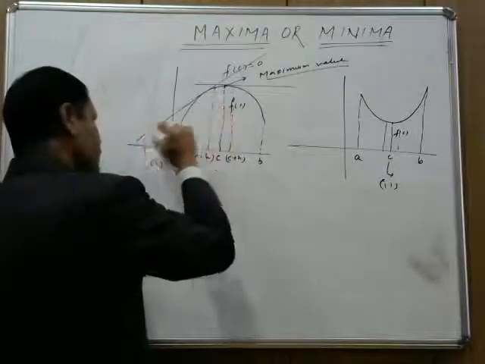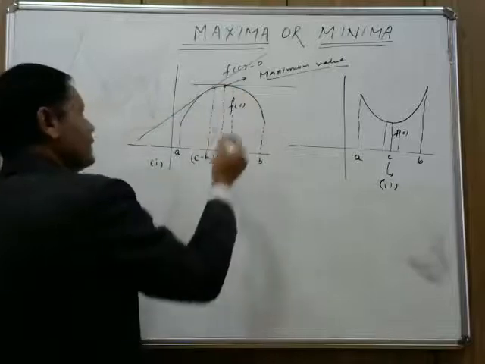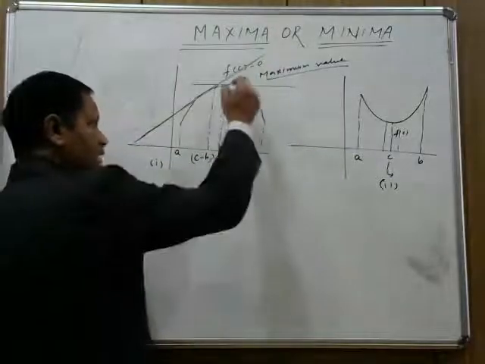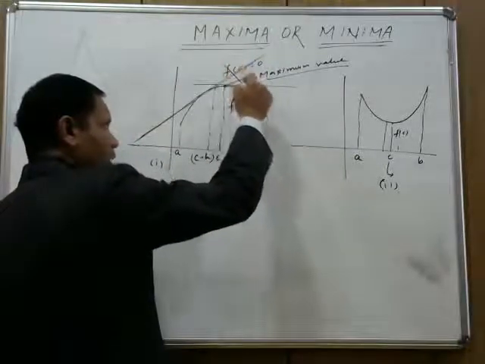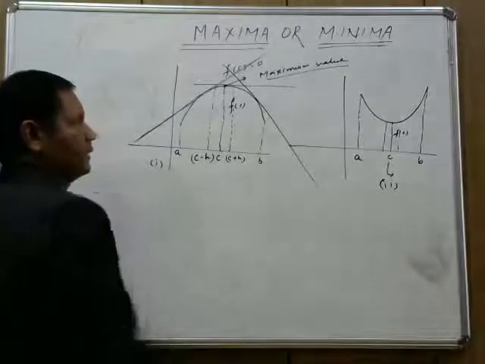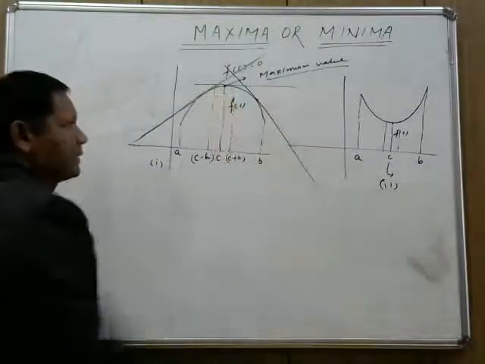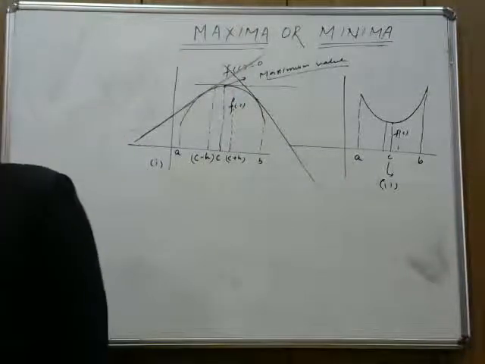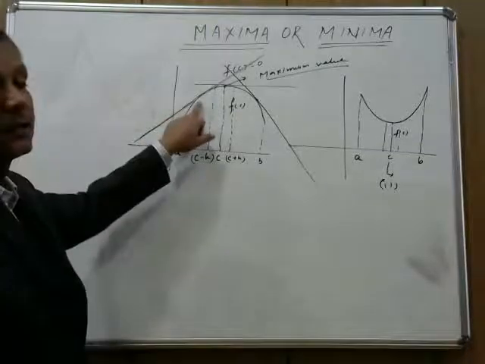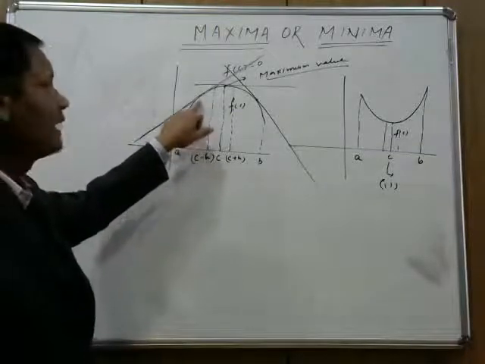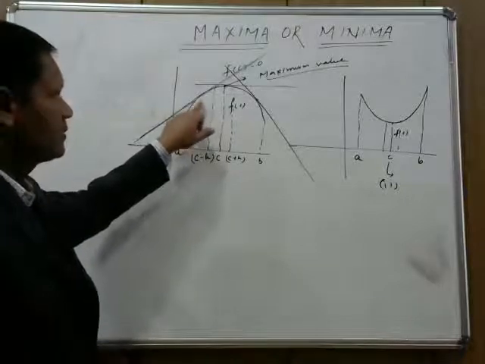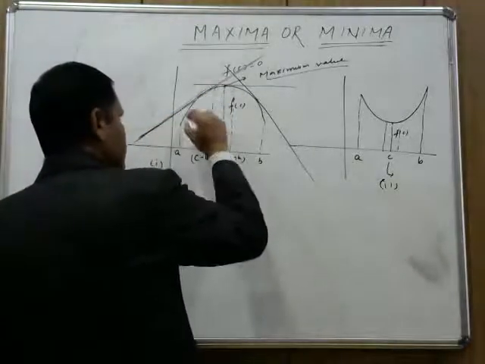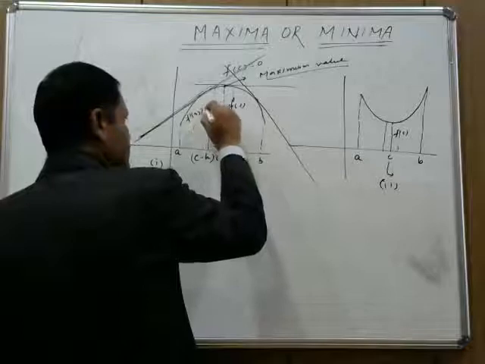And if I draw the tangent before c on any point, then that line will go like this. After this point, the line will go like this. This is the slope of the tangent, this is the slope of the tangent. Now see what we can observe from here: here the slope is positive, that means here f dash of x is greater than 0.